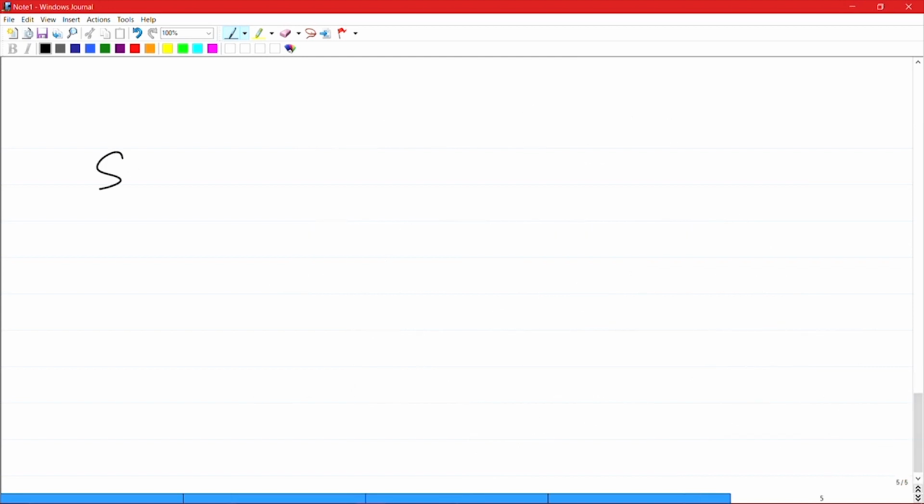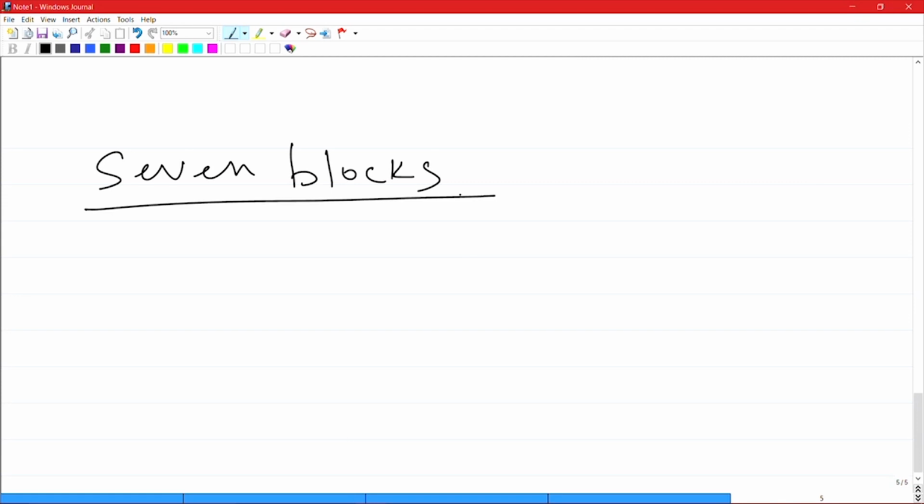Then you have 7 blocks which are as follows. All the blocks have a 2 mm diameter hole and the metal distance is varied in this case.